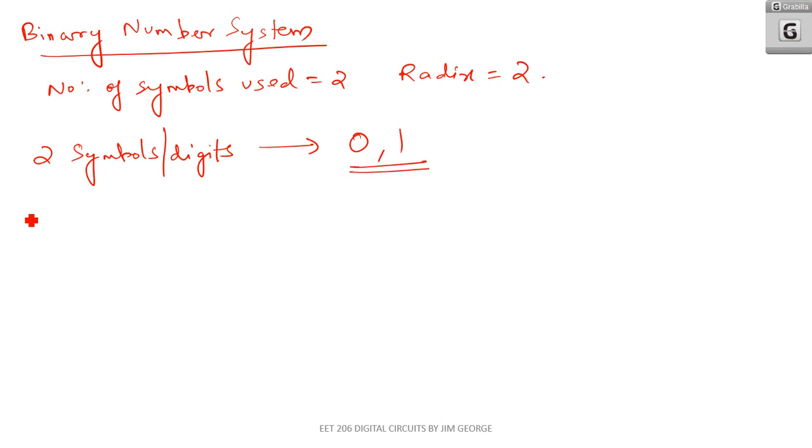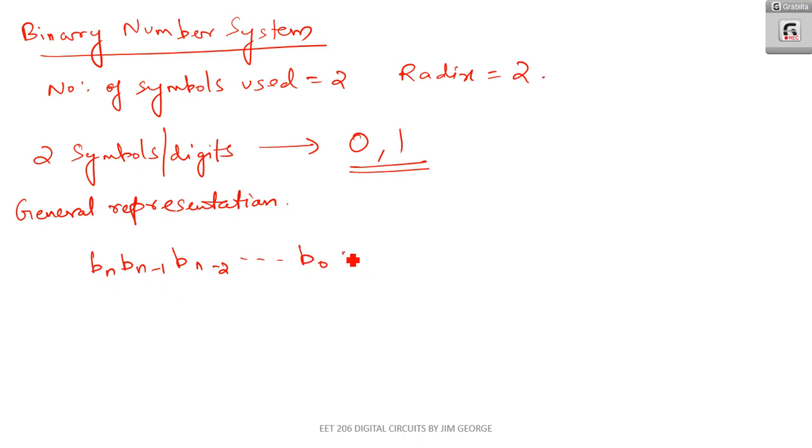Now, if you go to the general representation of a binary number system, it is bn minus 1, bn minus 2, etc. b naught dot b minus 1, b minus 2, etc. b minus k. Okay.